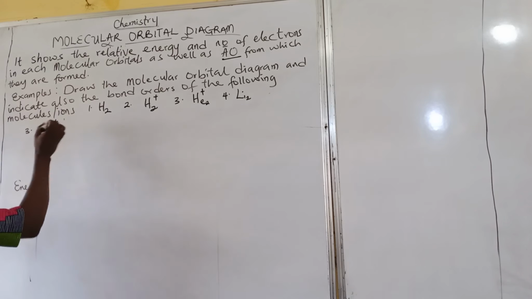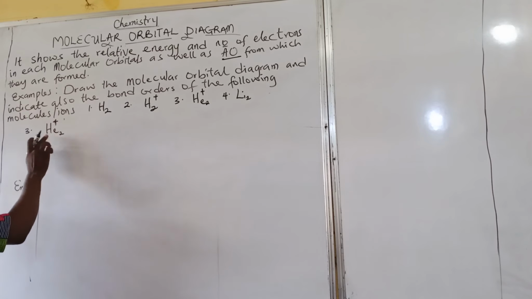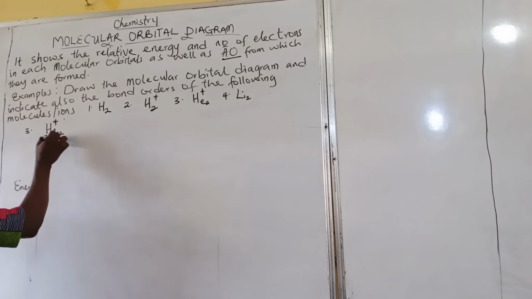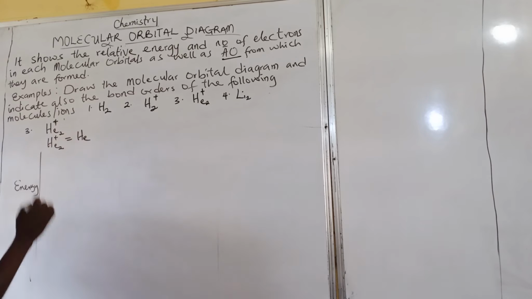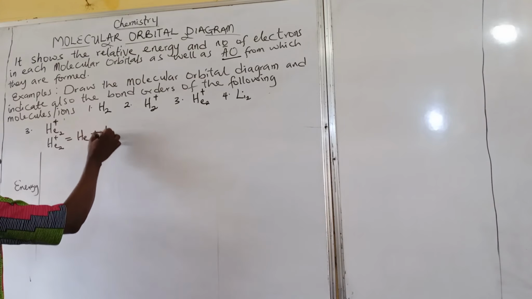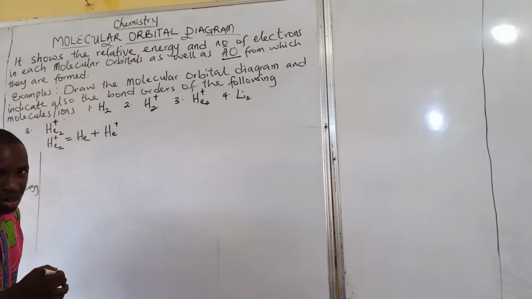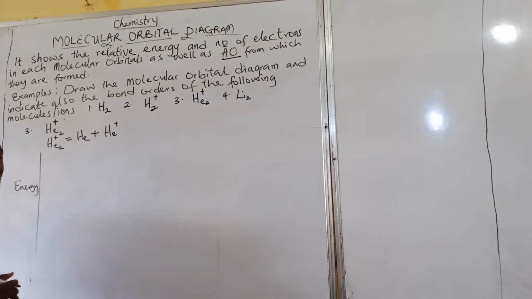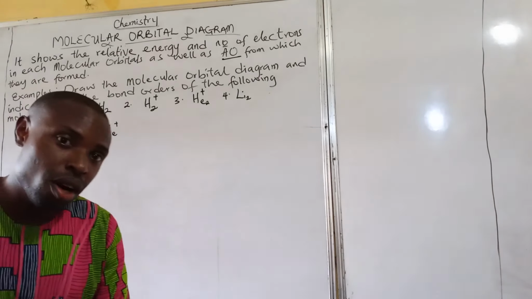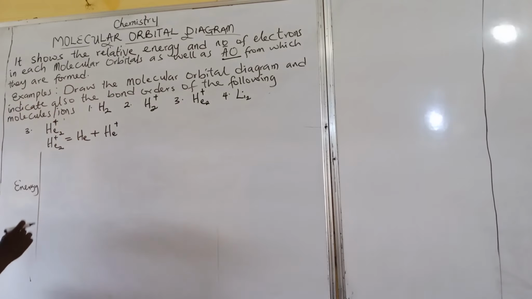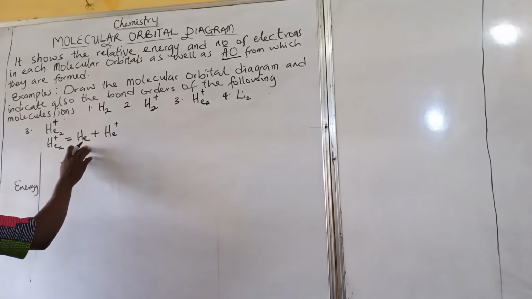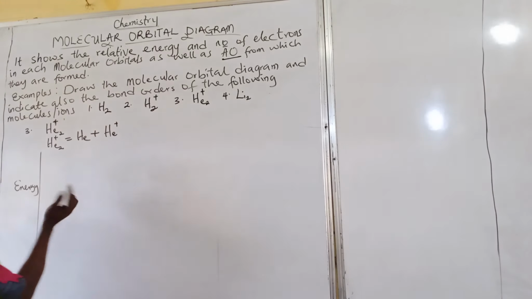Helium 2 plus. Now remember, the dihelium ion will be formed from a helium atom and a helium ion, and they both have atomic number 4. When you draw the configuration for helium, we'll do it together.